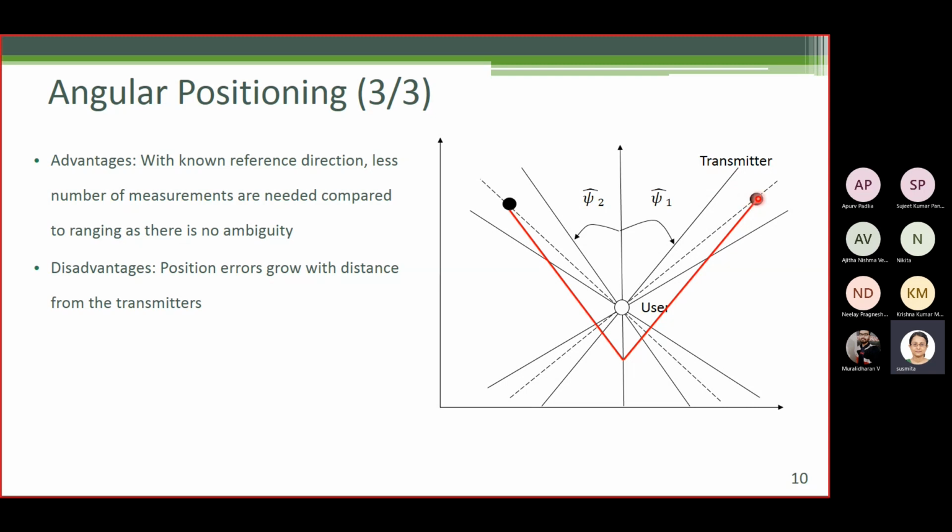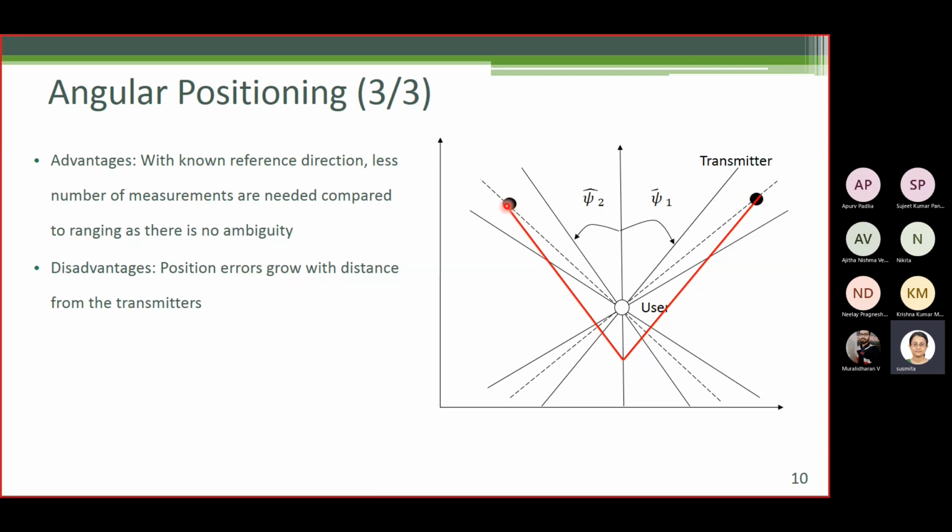We draw a line parallel to this line, which corresponds to psi 1 hat. So, we draw a red line from the transmitter parallel to this black line, which corresponds to the bearing measurement. So this red line corresponds to the bearing measurement made by the user. We are drawing it from the transmitter because we know the transmitter coordinates.